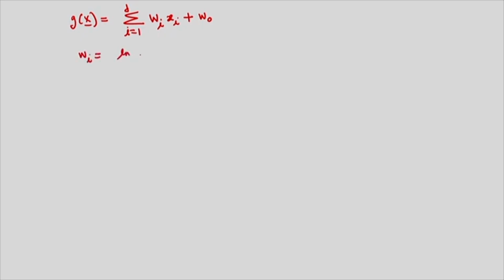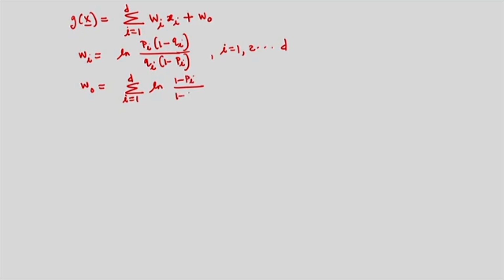Wi is equal to ln of pi (1 minus qi) over qi (1 minus pi), with i equal to 1 up to d. And W naught I have already defined: the summation over i from 1 to d of ln (1 minus pi) over (1 minus qi), plus ln of probability of omega 1 over probability of omega 2. That expression I have already defined.